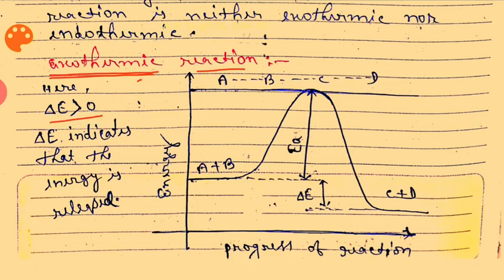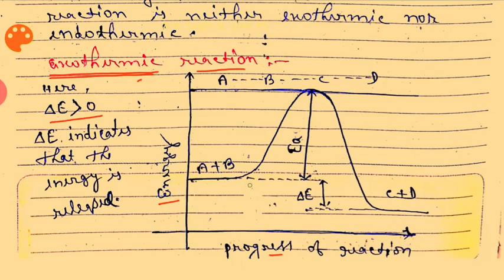See the graph, it clearly indicates what is exothermic reaction. Here A and B indicate the reactants. C and D are the products. On x-axis, there is progress of reaction. On y-axis, there is energy, or you can say potential energy.